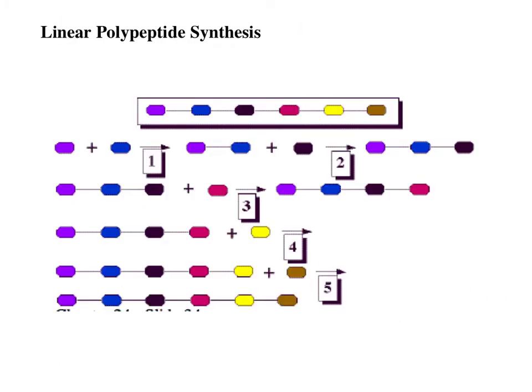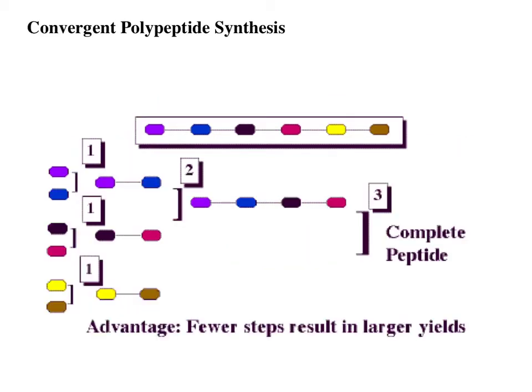In linear polypeptide synthesis, you add one to make the dipeptide, add another one to make the tripeptide, add another one to make the tetra, add another one to make the penta, and then add another one to make 6, the hepta.